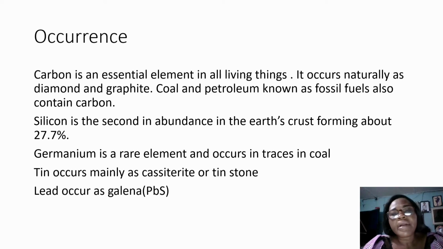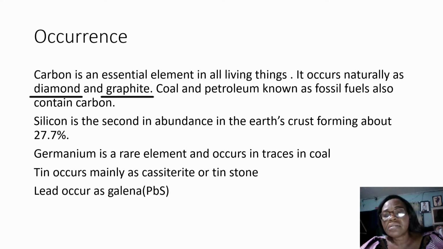Let's start with occurrence. Carbon is an essential element in all living things. It occurs naturally in two allotropes, diamond and graphite. Coal and petroleum, known as fossil fuels, also contain carbon. They are the amorphous forms of carbon.